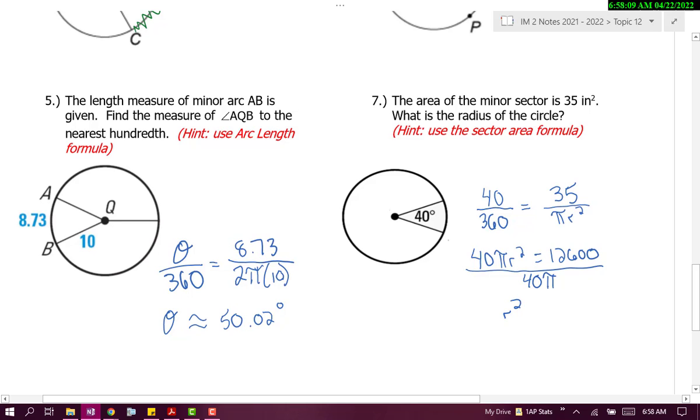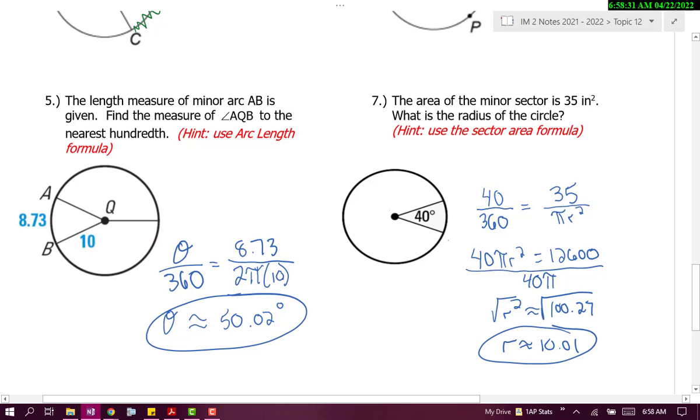So r squared is approximately 100.27. That's the radius squared. We want the radius, so square root of both, and r is approximately 10.01. So pretty close to an integer, just like theta in the last problem, but it's not, and you can't round more than you're supposed to.